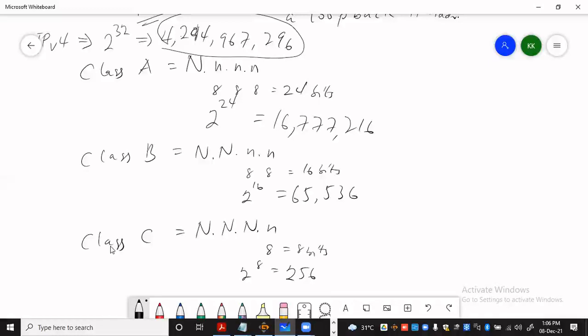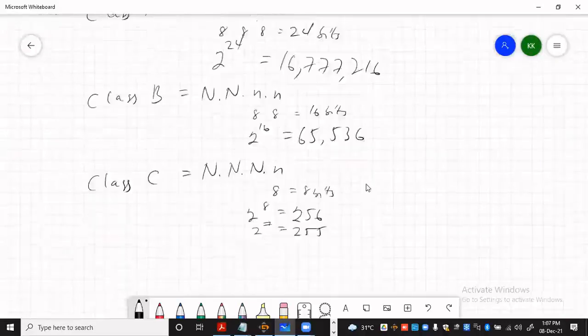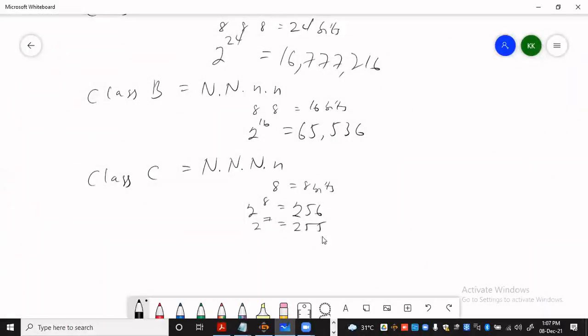But since in binary representation we start from 0, the maximum value is 255. It's 255 in terms of assignable IP addresses in decimal representation.